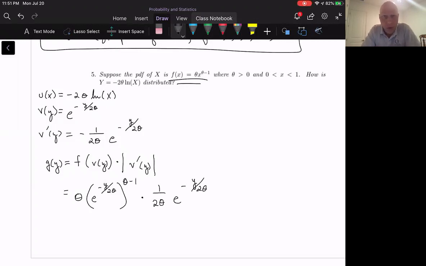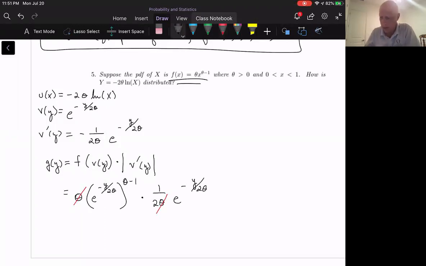It's at this point where you can start simplifying, and some of the simplification is easy. The theta on the bottom cancels out with the theta up front. How can you manipulate the first exponential term? What do you do when you have an e to a power to a power? You multiply the powers. Bingo.